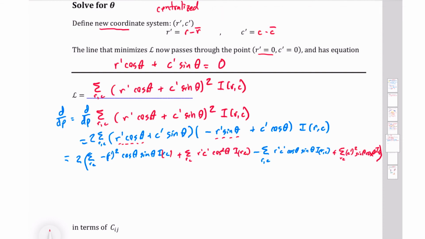And boy, that's rather ugly. However, we can clean that up a little bit by using our centralized moment terms in here.